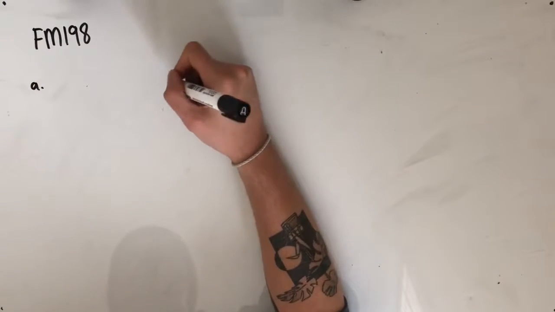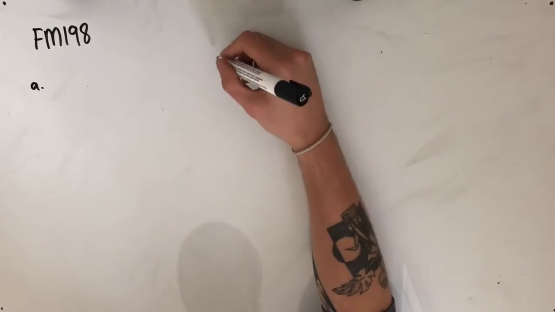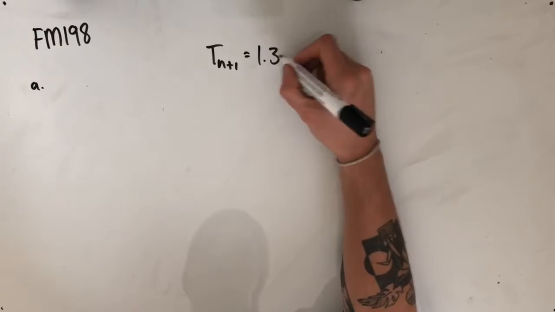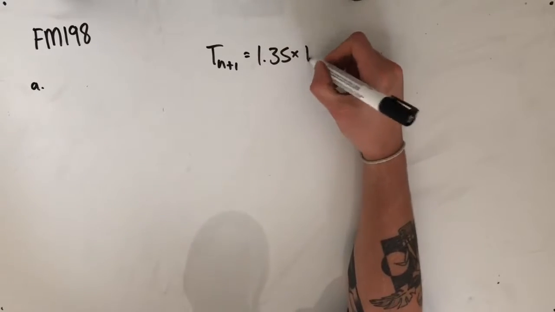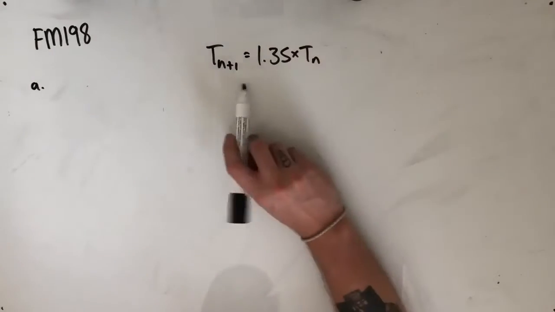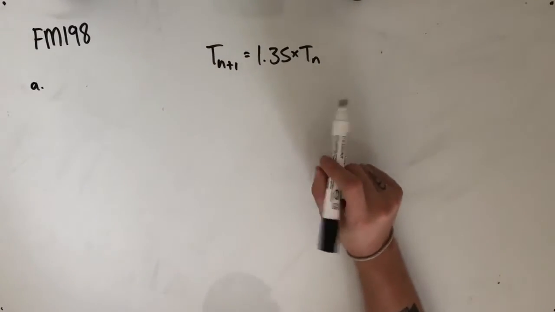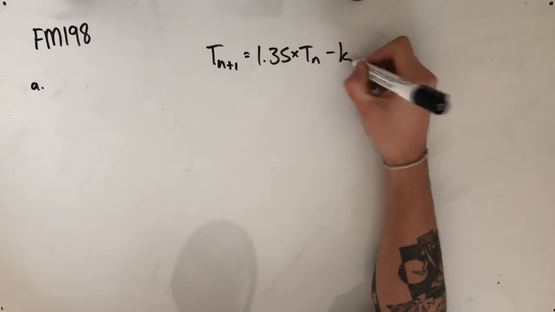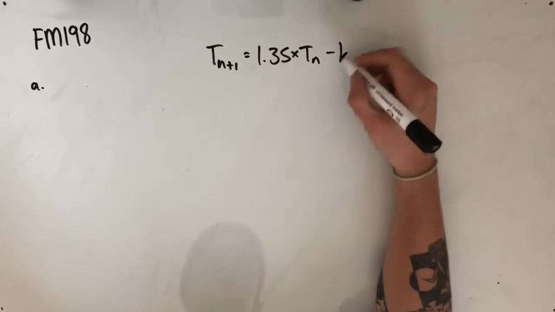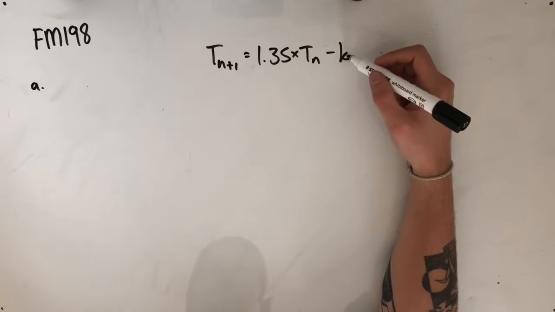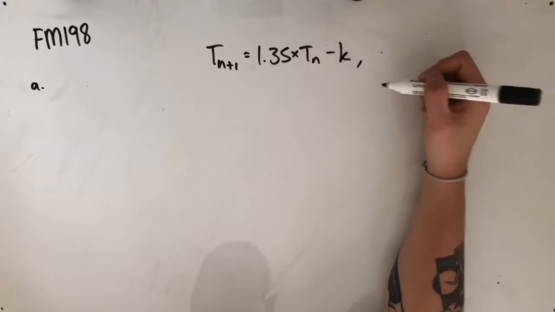So we've got these two equations here. We've got Tn+1 is equal to 1.35 times Tn, which means that what happens first here is our tadpole population increases by 35%, and then we've got this minus k, which is some constant that appears to be being removed from this population.